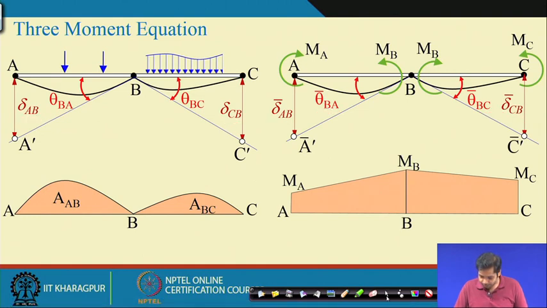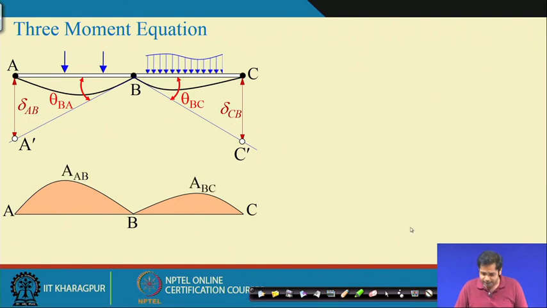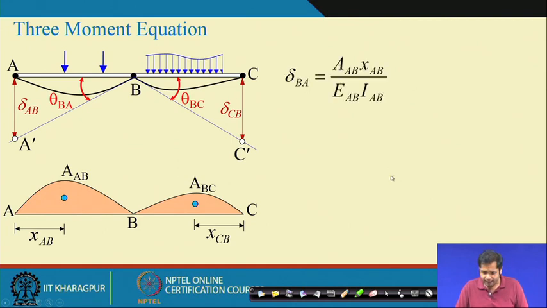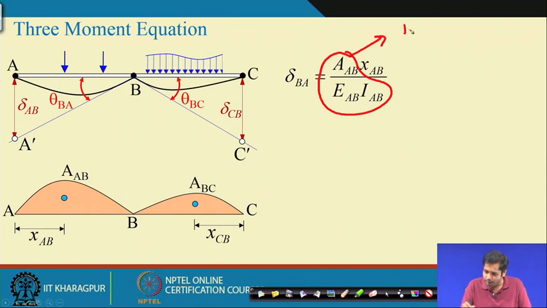Now, suppose x AB and x CB are the distances of the centroid from A and C. Then delta BA is equal to this: this is the area of the M by EI diagram, and this is the centroid of that diagram.